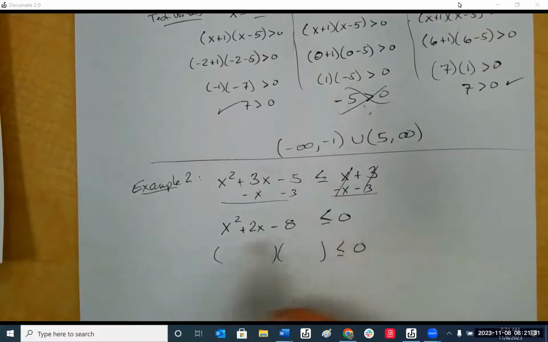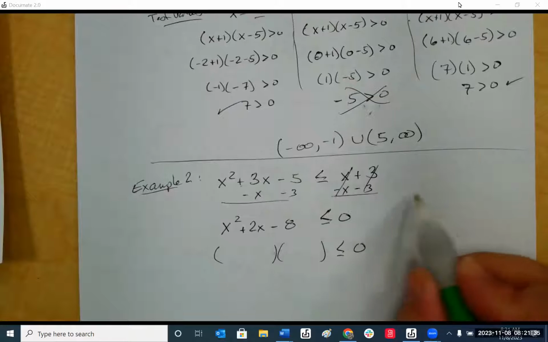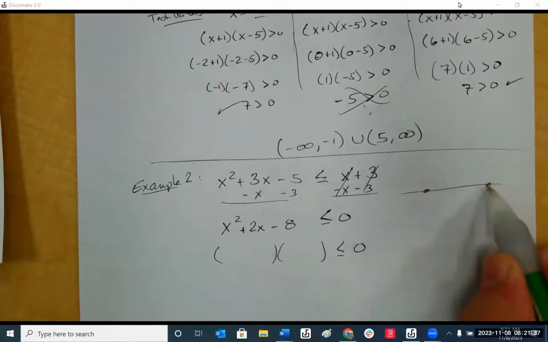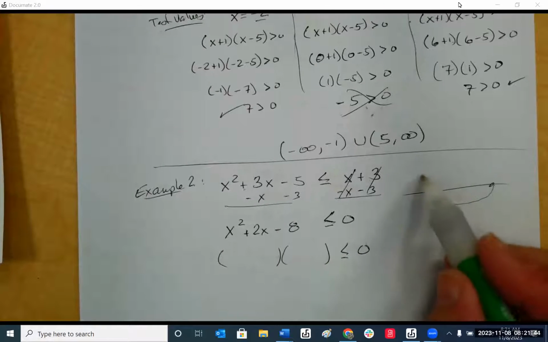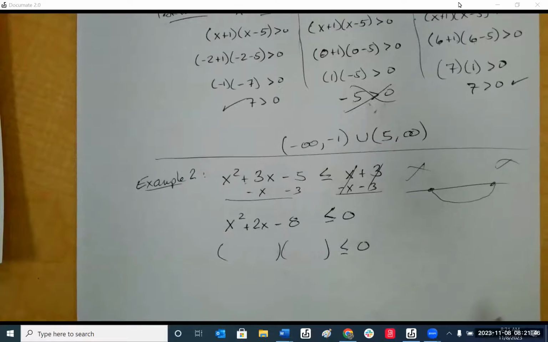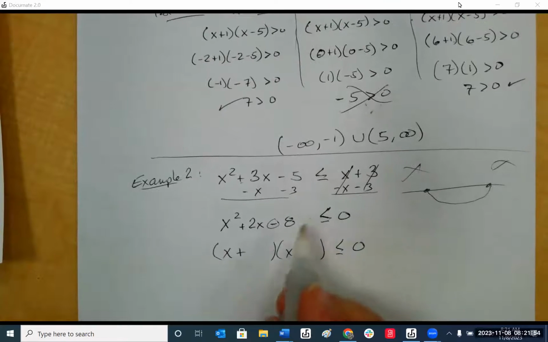Remember, since this equation is less than or equal to 0, what we're looking for are the intercepts and wherever the graph is below the x-axis. That's what we're looking for here. Anything above it is not going to work. x and x, negative, so it's positive and negative. 4 times 2 is 8. 4 minus 2 is 2.